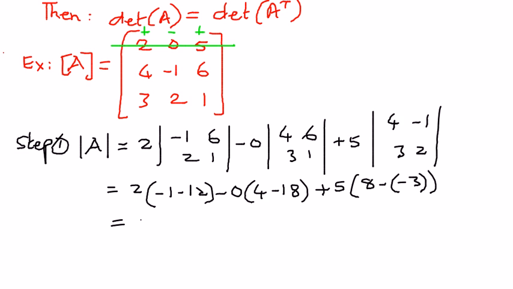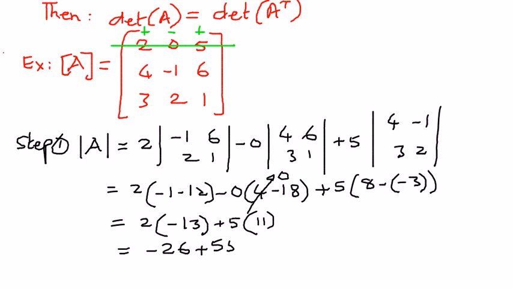Therefore, this is going to be 2 times negative 13. Then 0 times any number is going to go to 0, so we will not even write that, plus 5 times 8 plus 3 is 11. So we come back here and say 2 times negative 13 is negative 26, plus 5 times 11 is 55. Therefore this value comes out as equal to 29.